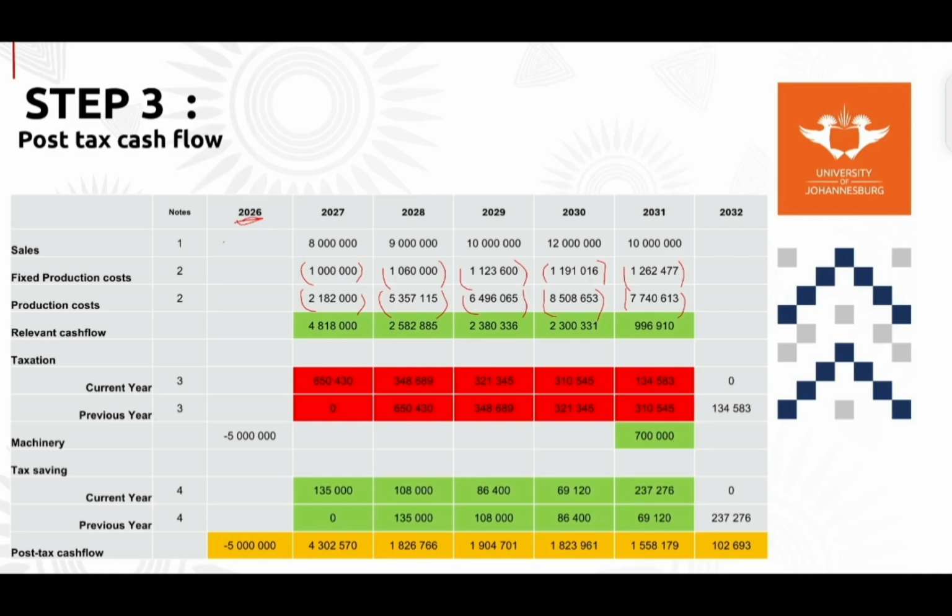Because that taxation was on the machinery and its depreciation, so therefore there were tax savings on that. And then you get your post-tax cash flow. This post-tax cash flow is the cash flow that we will be using to get our NPV.